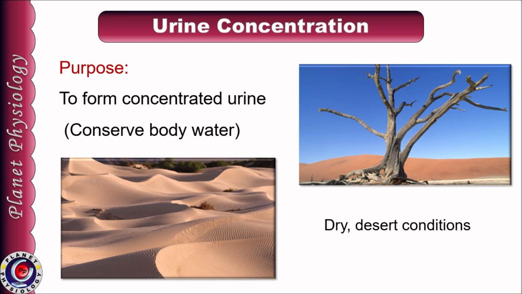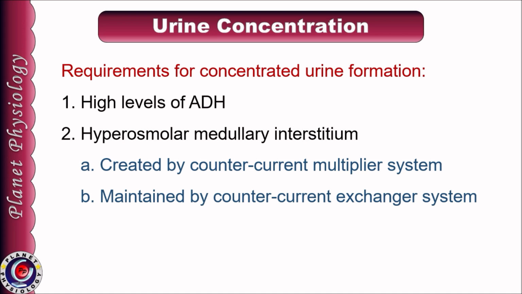By forming concentrated urine, water excretion in the urine is minimized, and for this purpose there is need to secrete large quantities of ADH as well as presence of hyperosmolar renal medullary interstitium. This renal medullary hyperosmolarity is created by the mechanism called countercurrent multiplier and maintained by countercurrent exchanger system.